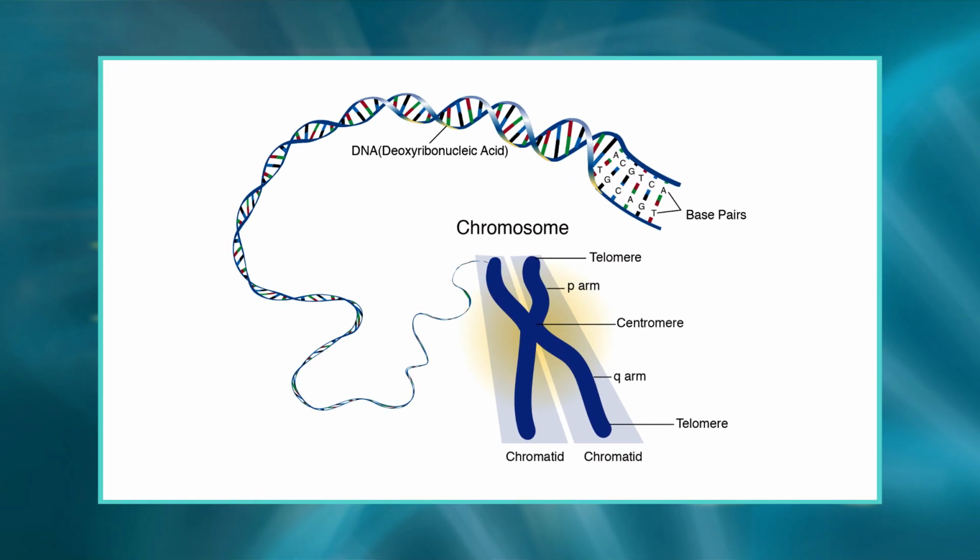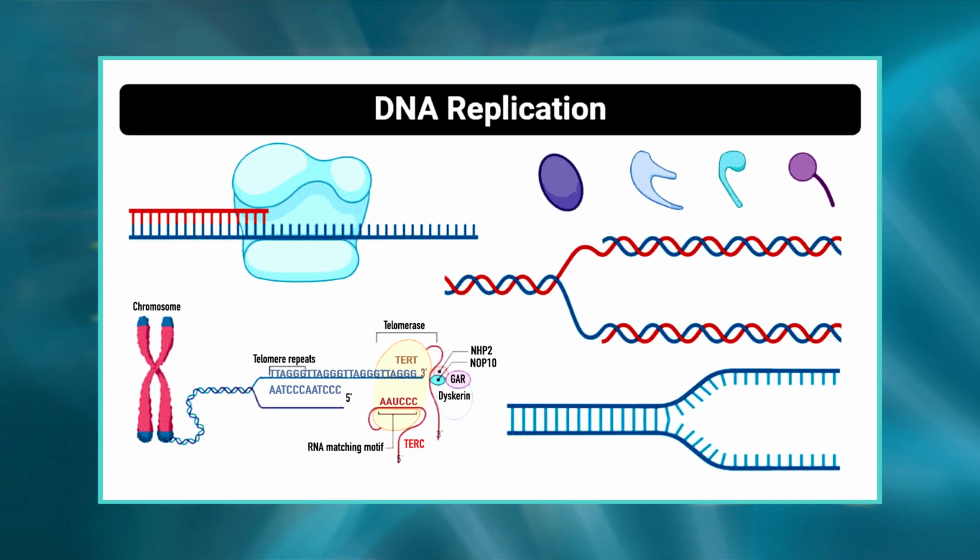The ends of the parent strand consist of a repetition of DNA sequences known as telomeres, which act as protective caps at the ends of chromosomes, preventing the fusion of nearby chromosomes. The telomeres are synthesized by a special type of DNA polymerase enzyme known as telomerase. It catalyzes the telomere sequences at the end of the DNA.